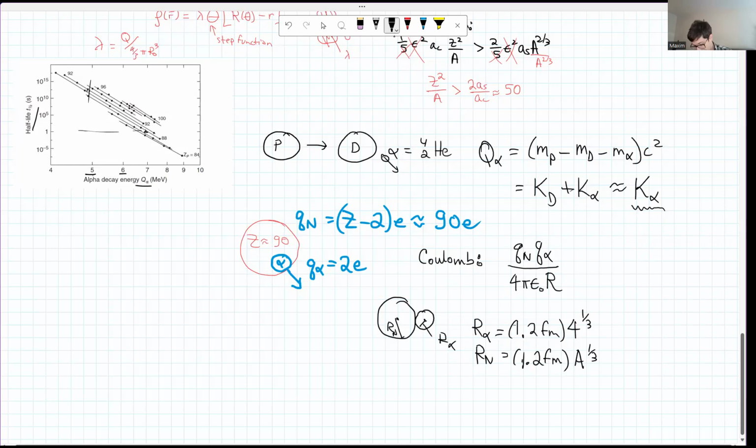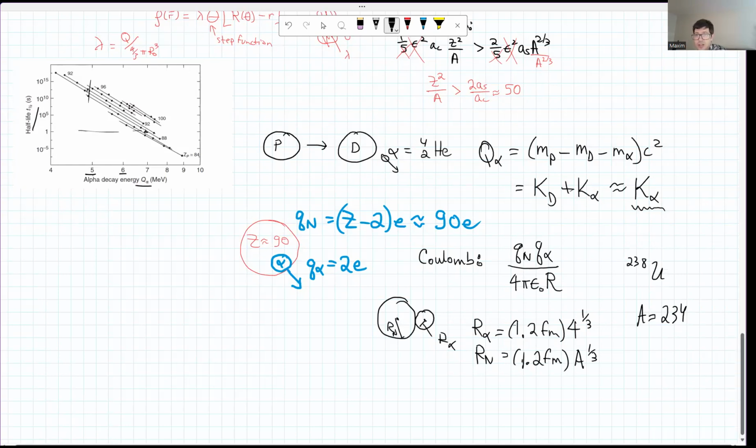So we can figure out what that is. Let's look at some value. Let's assume we're looking at, say, uranium 238.